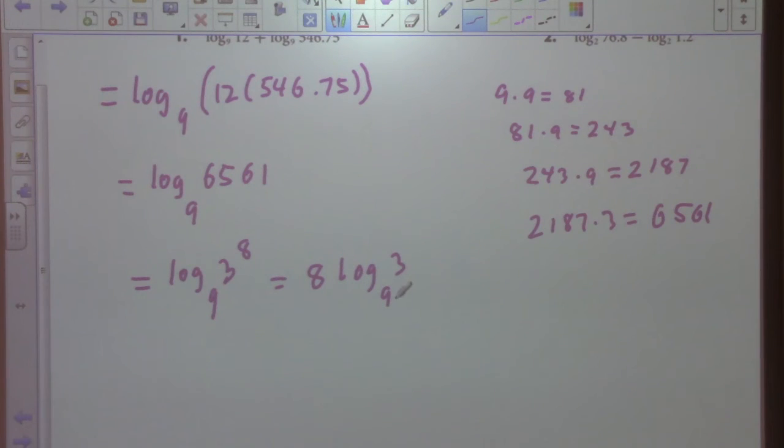9 to the power of what equals 3? Wait a second. That's 3 squared. But you can write this as 8 log 3 over log 9 using the change of base formula, right?